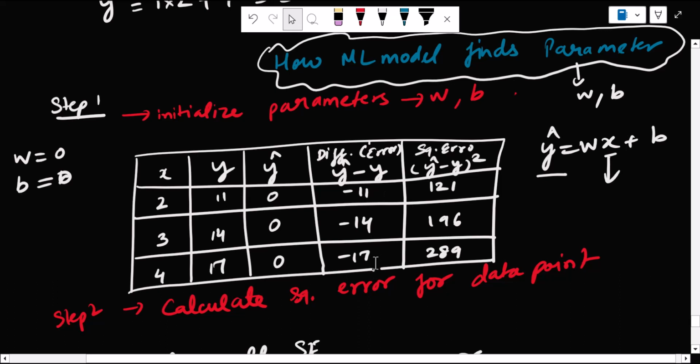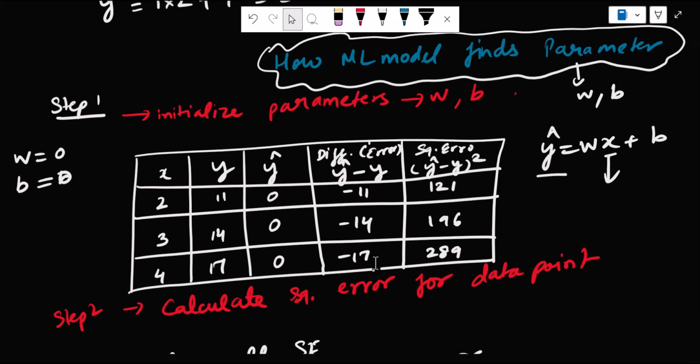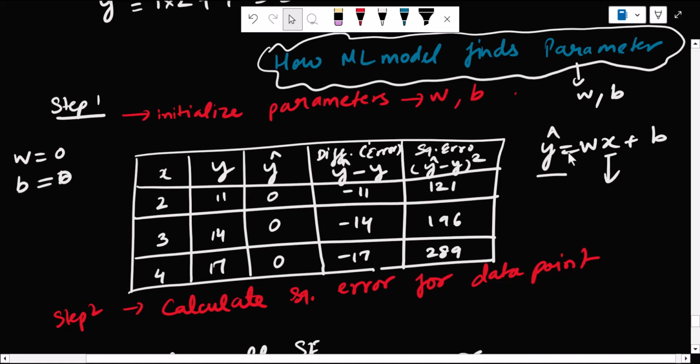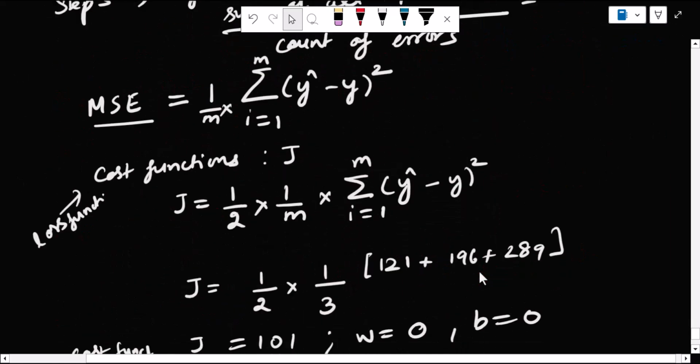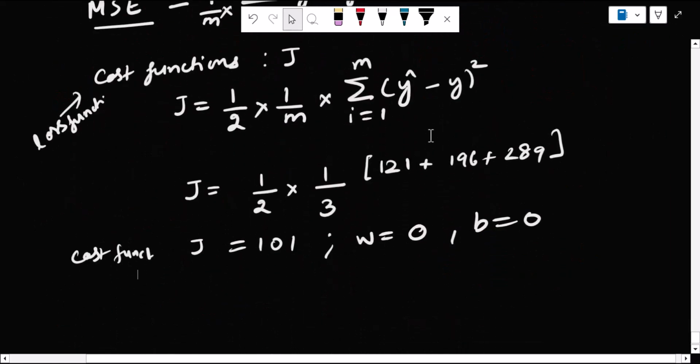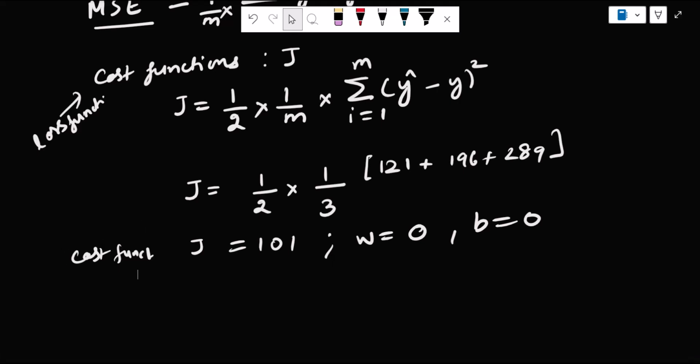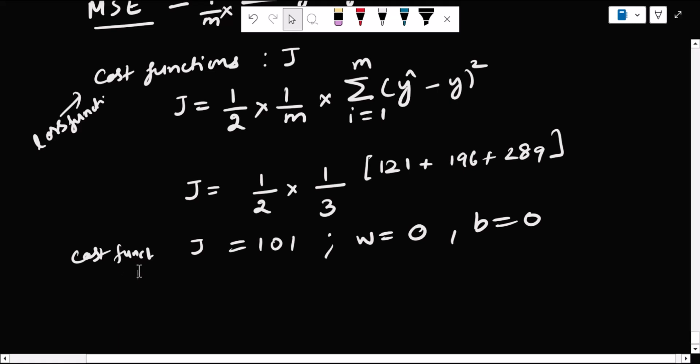And what is the final aim of machine learning is to come up with a linear relationship where it gives us a W and B such that this cost function which we are arriving at, which is the sum of the squared errors and this formula, needs to be minimum, as close to 0, so that when we predict a value for a given data point, it should be as close to actual value. Smaller the value of cost function J, the more accurate is the model.